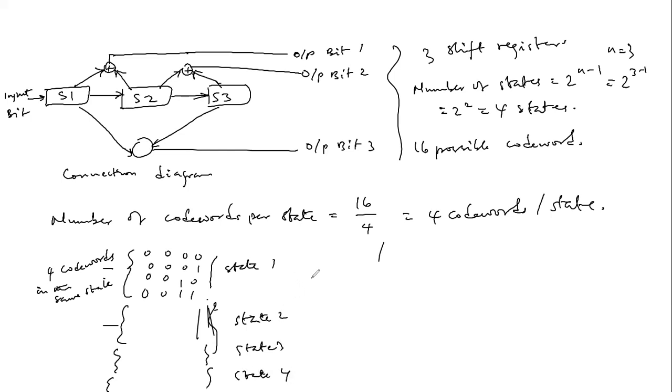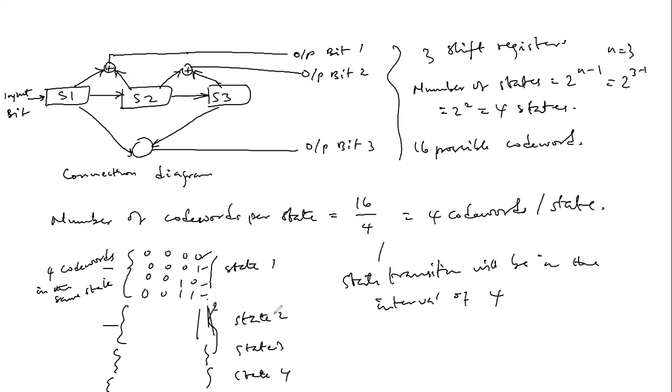So hence, state transition will be in the interval of 4. And for code words, we emit a 0, 1, 0, 1, at a given instant of time. So in a state, for code words, we emit a 0, 1, 0, 1.